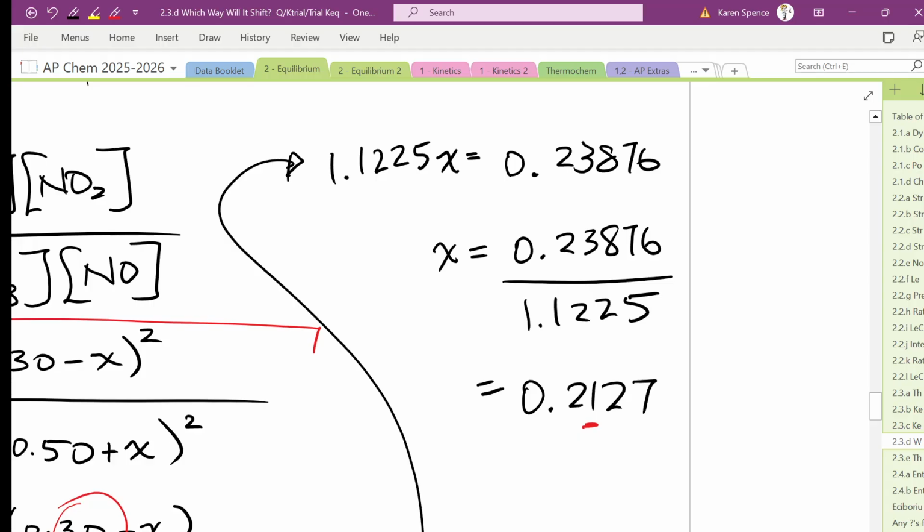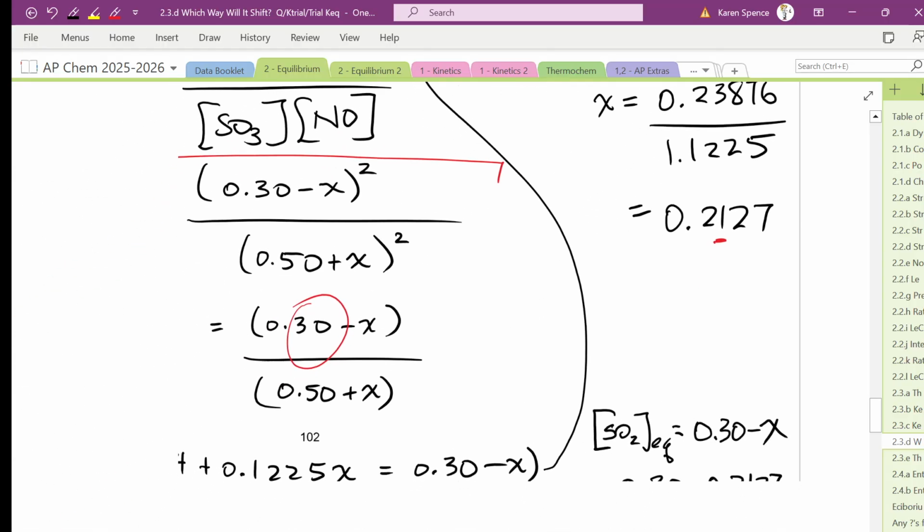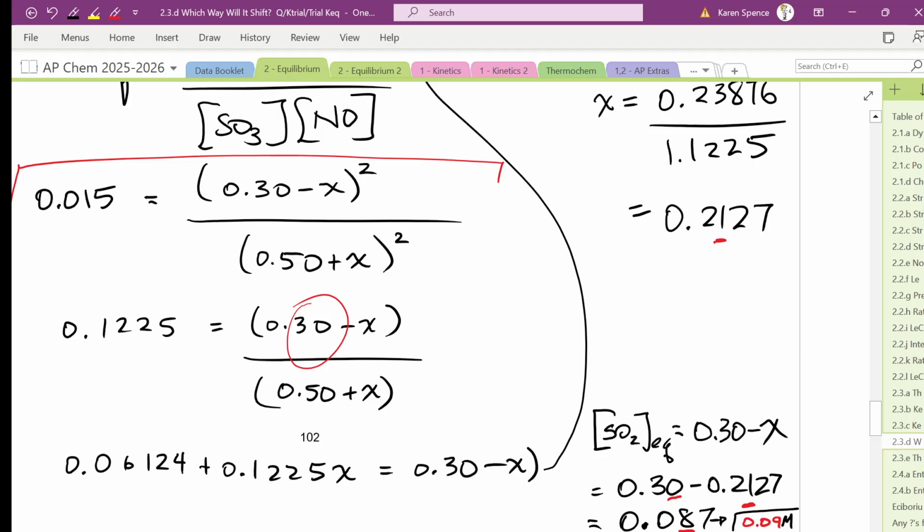Okay, 2127. So I still get that. Let's see if there was an error back here somewhere. 0.015 square root. Okay, and then times 0.5 equals 0.06124.